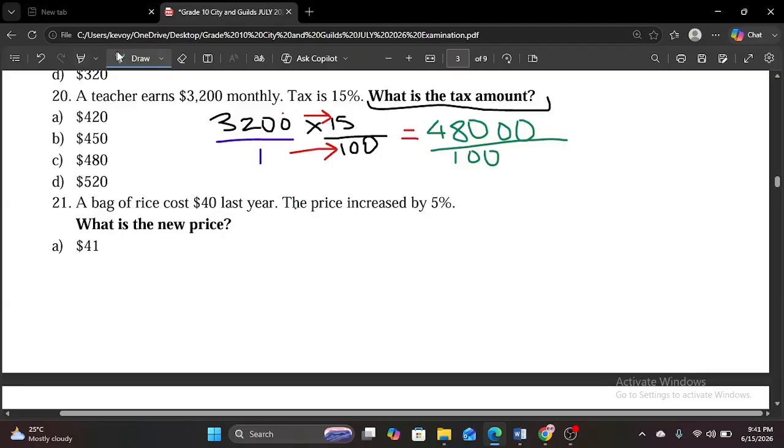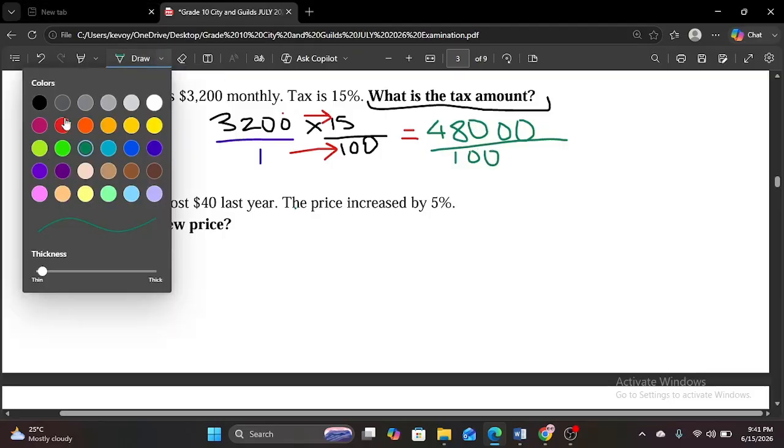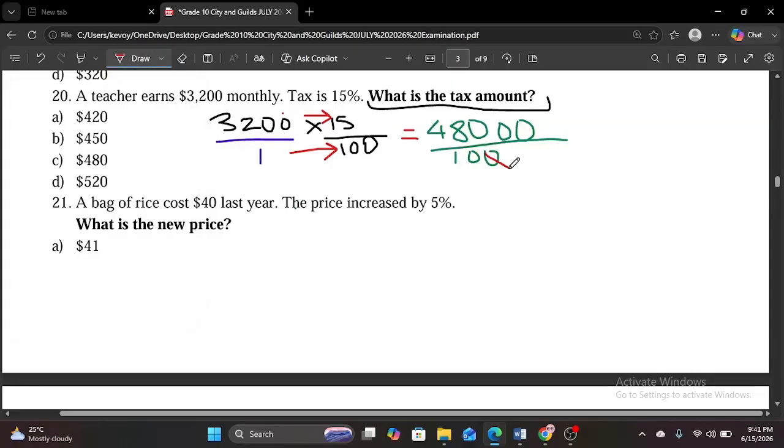And then you eliminate your zeros. So that's gonna be 1 zero from the bottom, 1 zero from the top, 1 zero from the bottom, and another from the top. So then we are left with $480 for tax. So that's gonna be the amount for tax. All right, so a bag of rice.